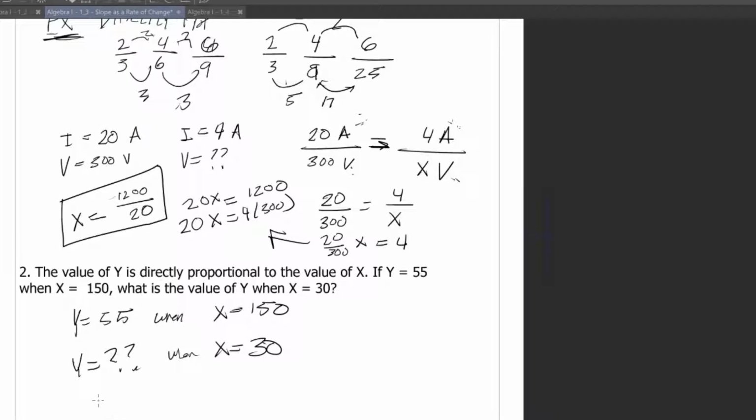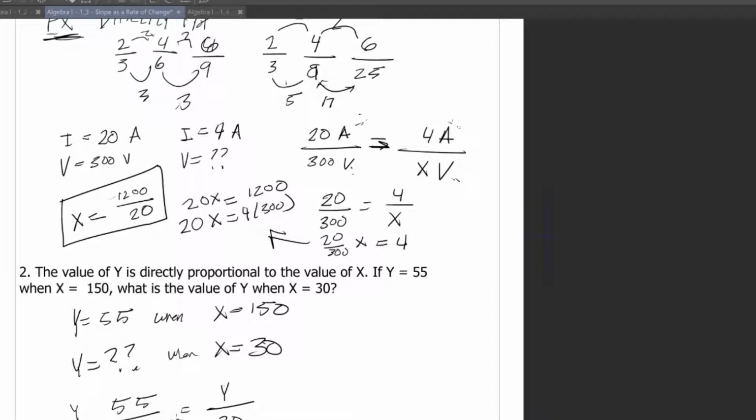Okay, so we have 55 when x equals 150, and that would equal y whenever x equals 30. We're doing the same thing here, right? We're solving for y, this value here.